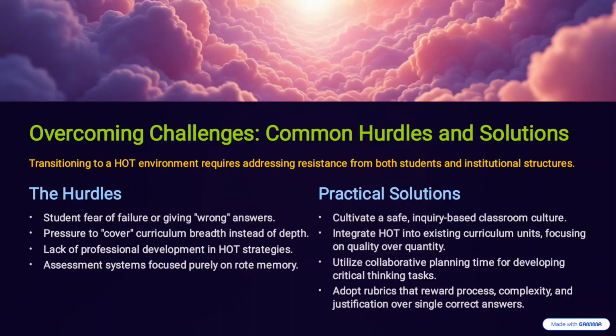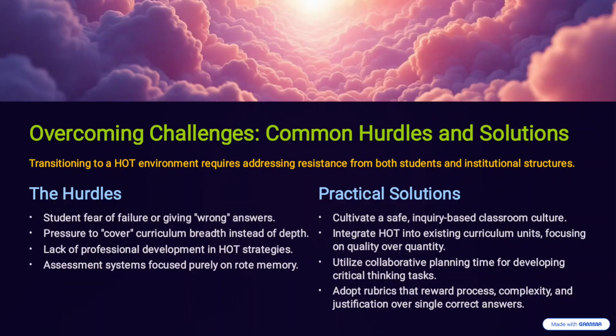One is student fear of failure or giving wrong answers. The second is pressure to cover curriculum breadth instead of depth. Third is lack of professional development in higher order thinking strategies. The next one is assessment systems focused purely on rote memorization. So these are some hurdles.